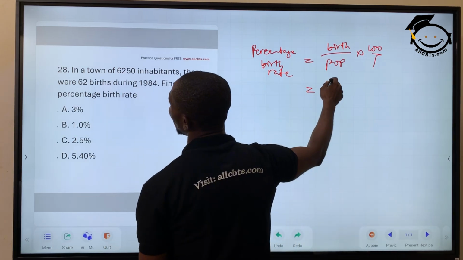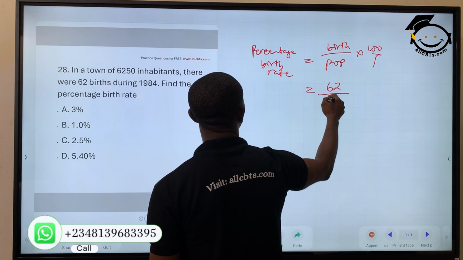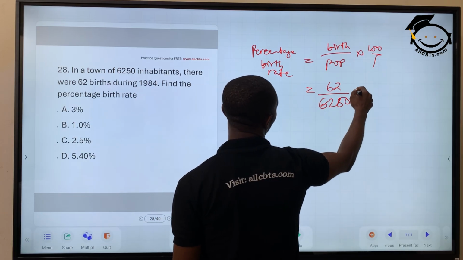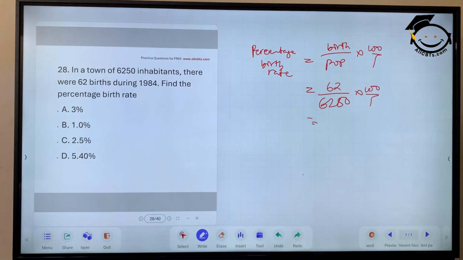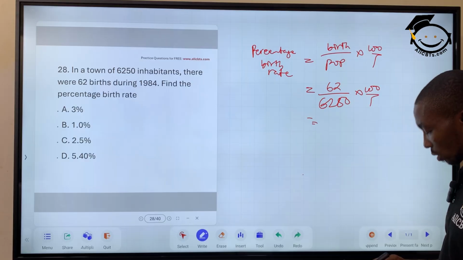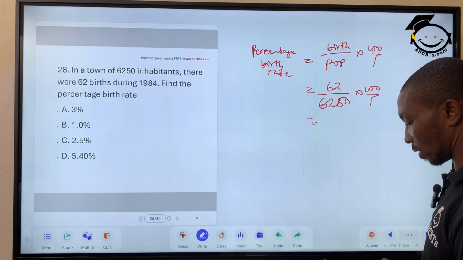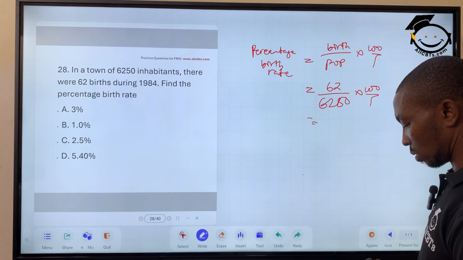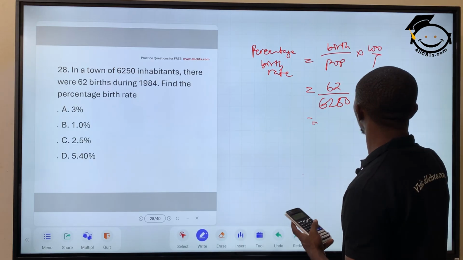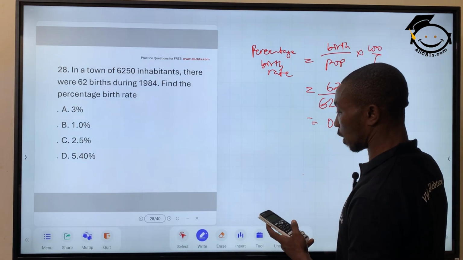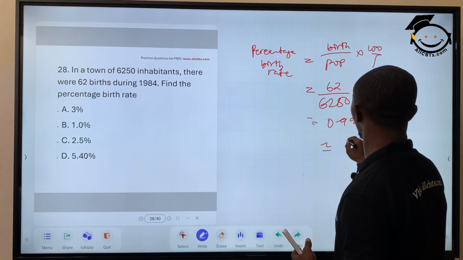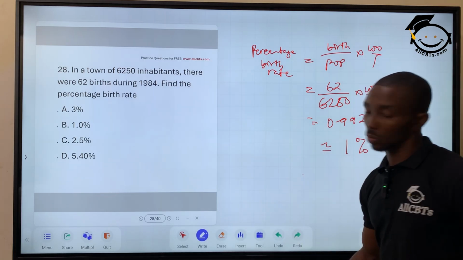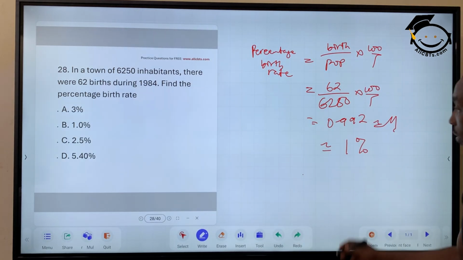So the births is 62 all over the population, 6250, times 100 over 1, which is 62 divided by 6250 times 100, which is 0.992. So that would be approximately 1%.